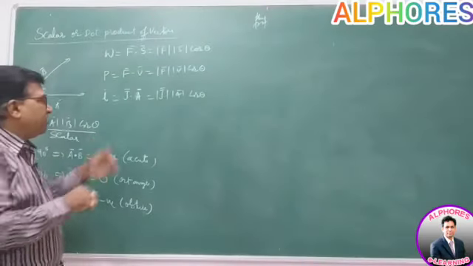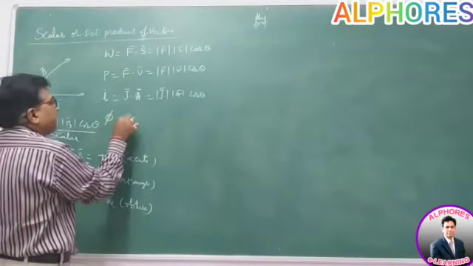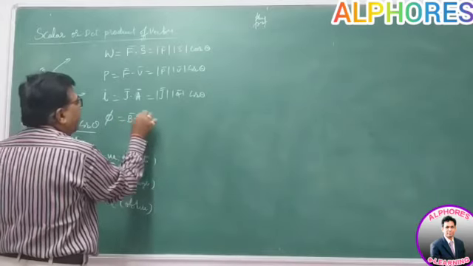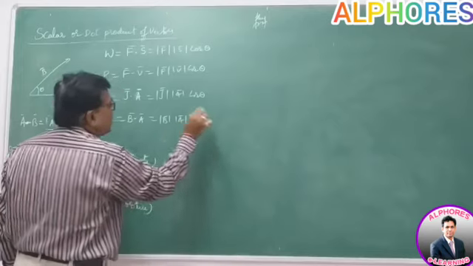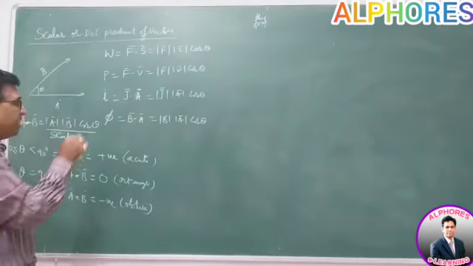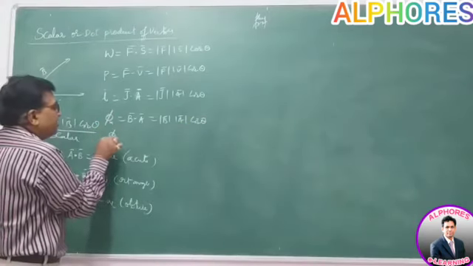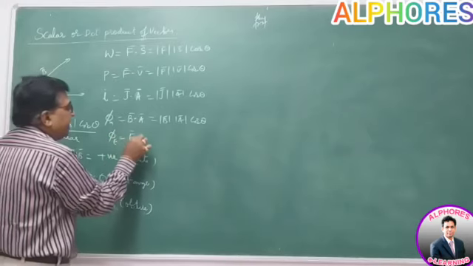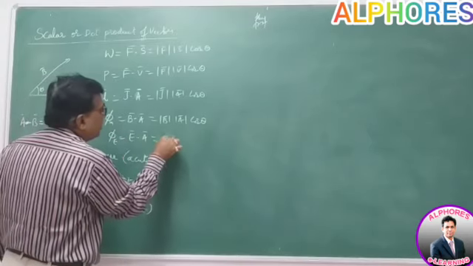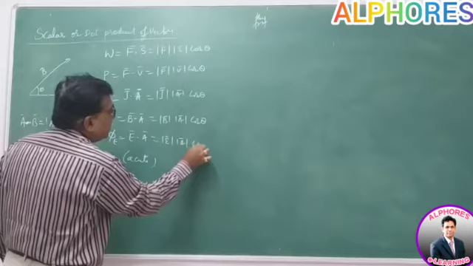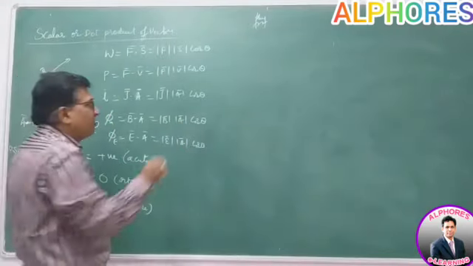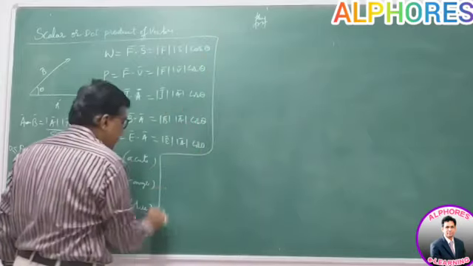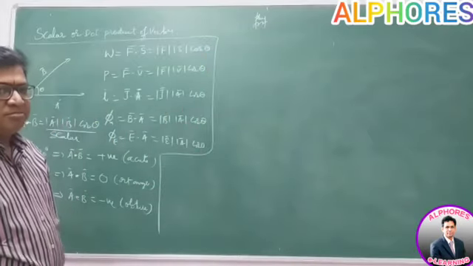Magnetic flux is B dot A, so mod B mod A cos of the angle between the two. Similarly, electric flux I can write as E dot A, so mod E mod A cos of the angle between those two. So there are many such examples. All of these can be positive, negative and 0.